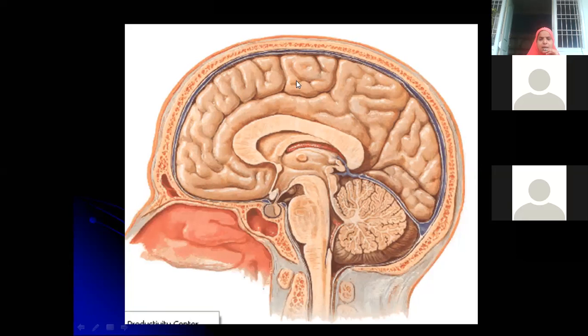This is the anterior cranial fossa. This is the sphenoid bone, sphenoidal air sinus. This is the sella turcica, which is lodging the pituitary gland. This is the basi-occiput region. This is the foramen magnum. This is our brainstem: midbrain, pons, and medulla oblongata. This is the cerebellum, and here we have the fourth ventricle.